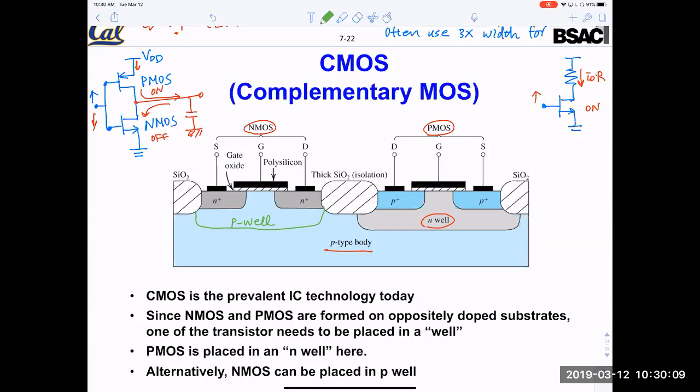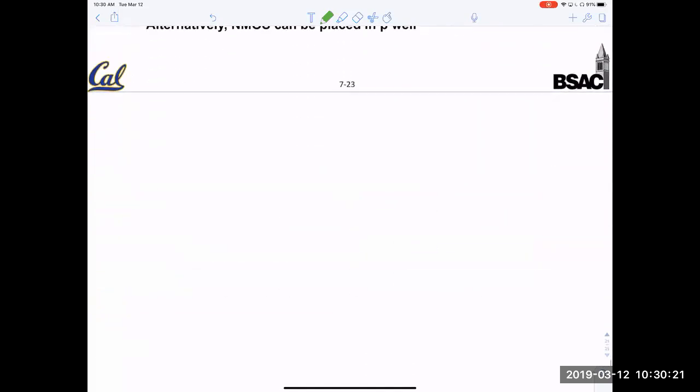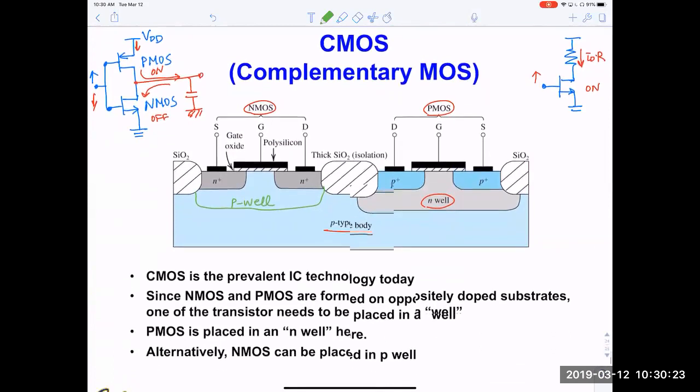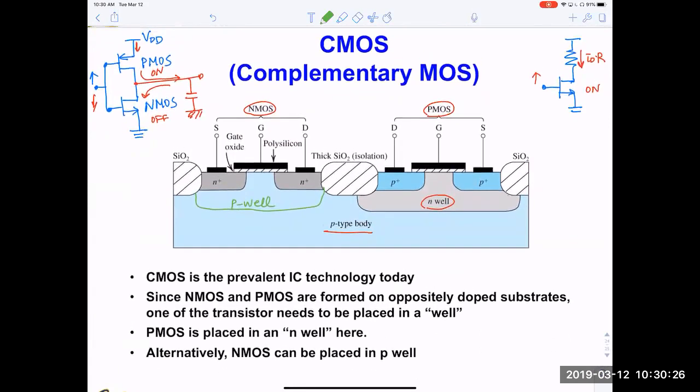You have a P-well where the NMOS sits, and an N-well where the PMOS sits. So that's the CMOS concept. In most of the circuits we are going to introduce, we have NMOS and PMOS, but we don't operate them in the digital regime. We operate them in the analog regime.